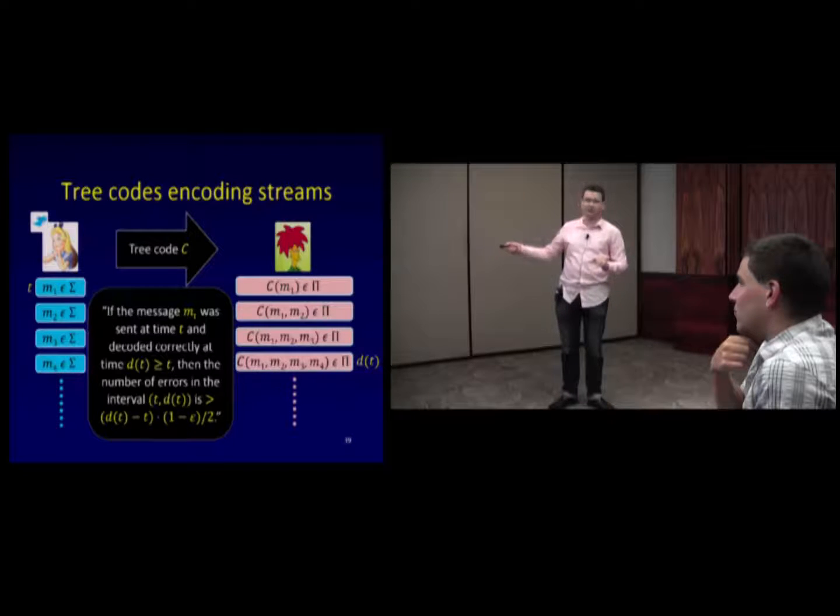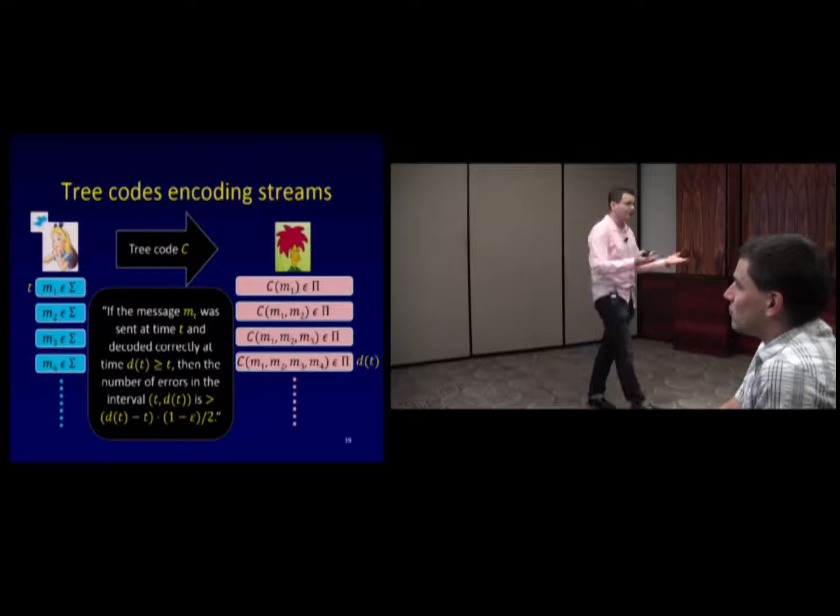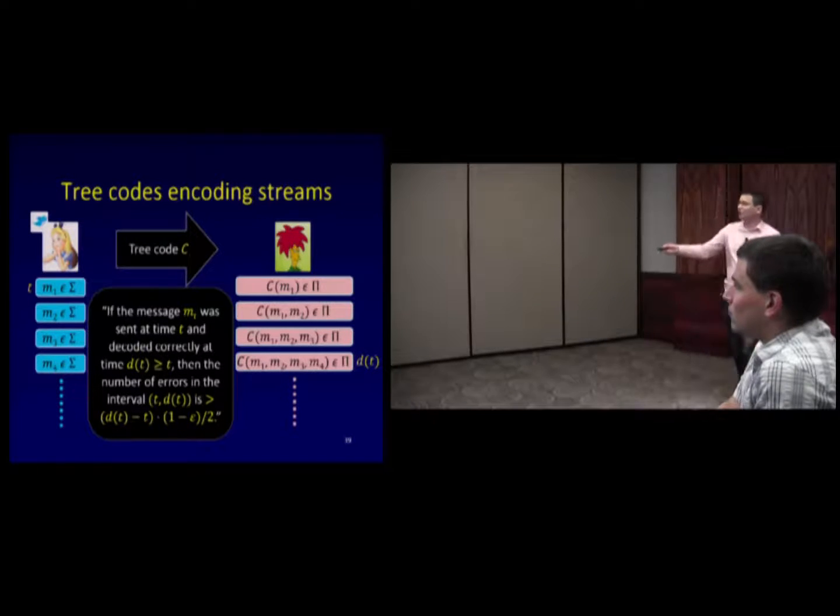So the adversary, to keep Bob for 4 rounds from receiving this message T, needs in between to have an error rate of almost half. To cause a delay between the time a message is sent and the time a message is received, the adversary will need to pay in between.